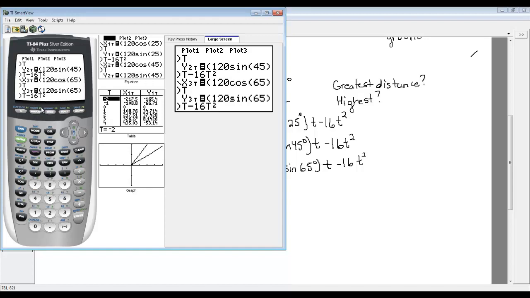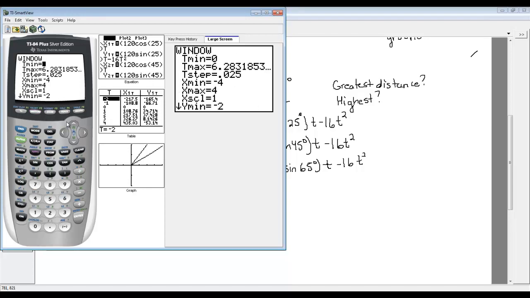For our window, T-min, T-max. Let's see here. What do we want to use? How about, let's do T is 0 to 9, just to see what happens if we do that.